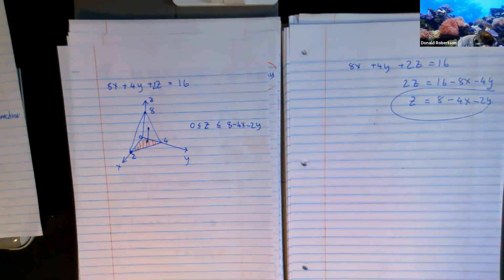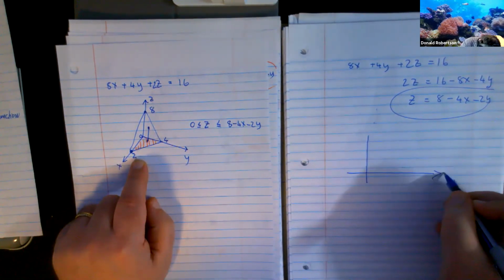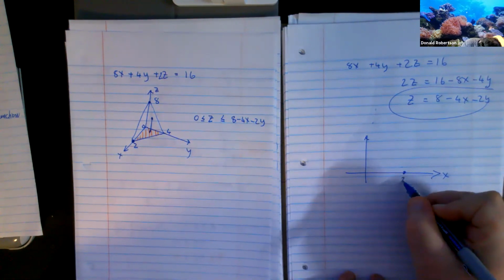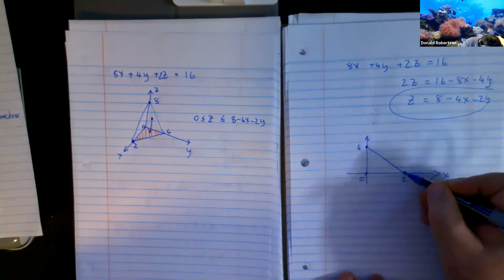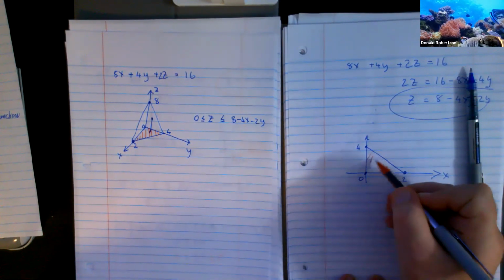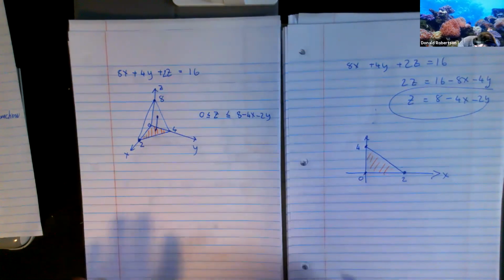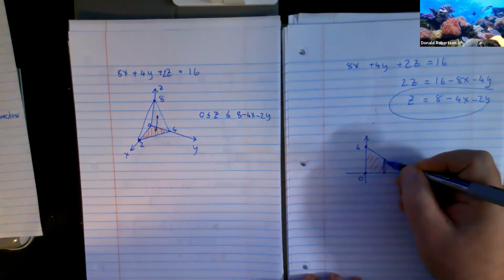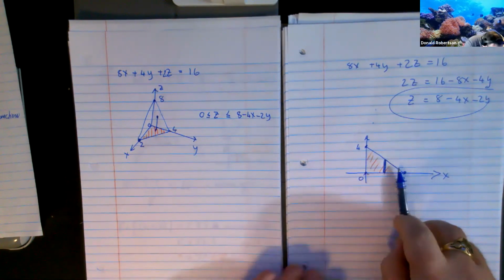Now, on the floor, I'm orienting it differently. You can orient these things like that. x is 2, that's obviously the origin, y is 4, and the triangular region is this. If you imagine going this way, x will go from 0 to 2.